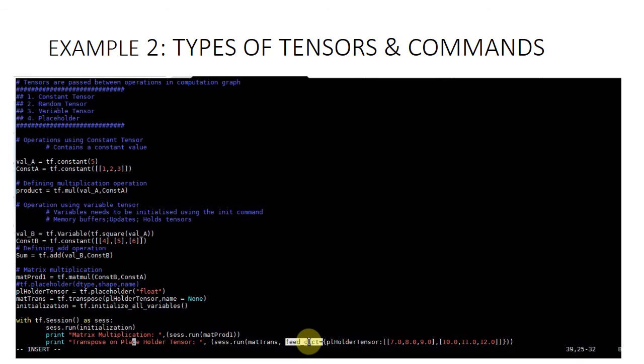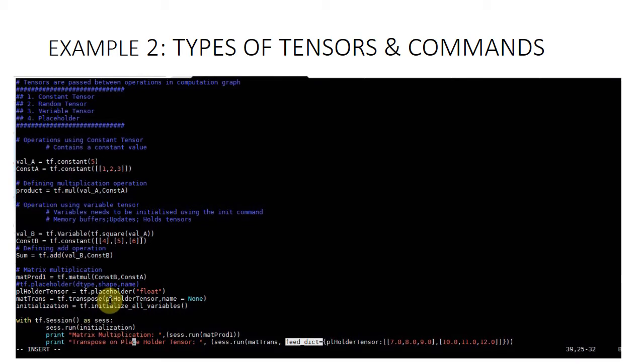or tensor.eval command or operation.run command. In our case, with session.run, we're using feed_dict to populate our placeholder tensor values. On the execution of this line, the placeholder tensor values will be initialized with the values specified here, and they will be used to get the transpose of the matrix that I've provided there.